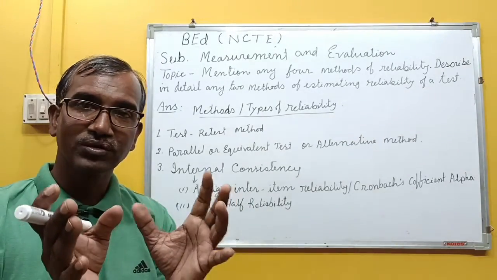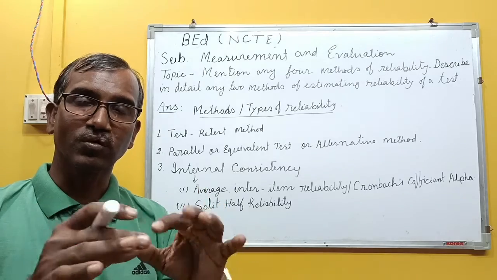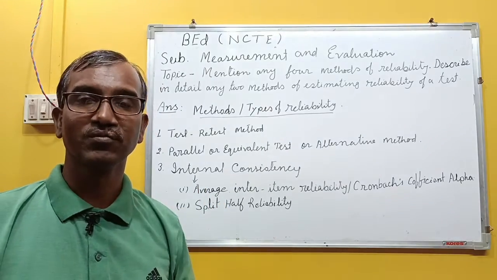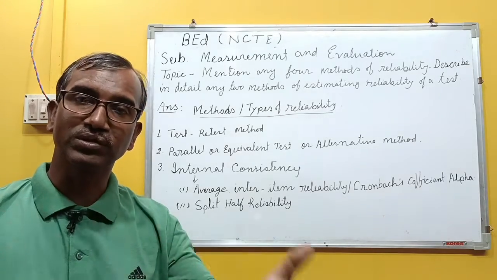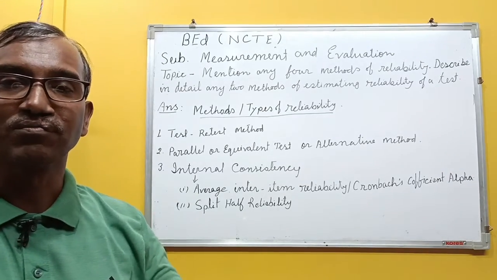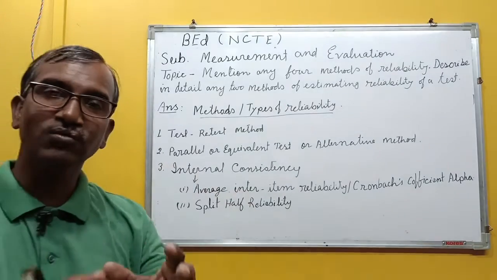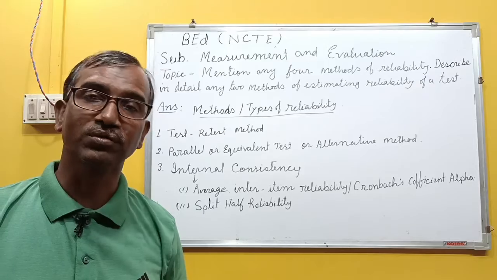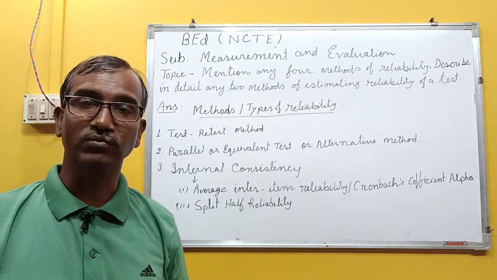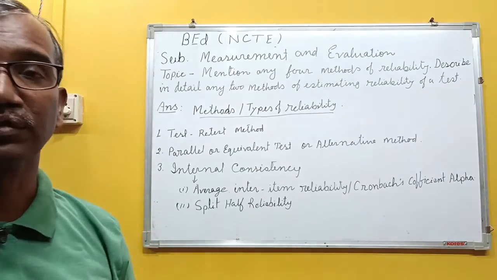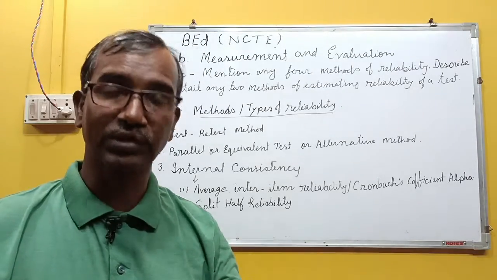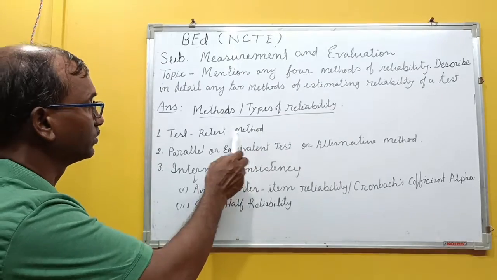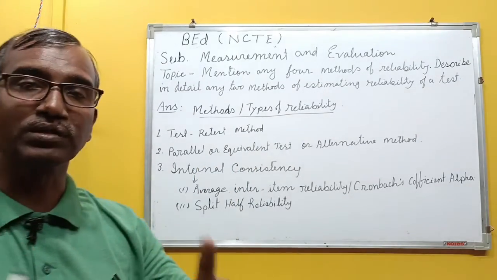The scores of the test administered twice may be compared by the coefficient of correlation, as you have learned in the measurement paper in the statistics part. And the coefficient of correlation will say how reliable the test is.